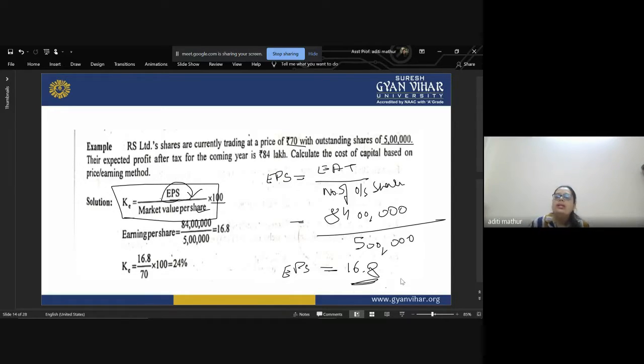Right? So we were not given directly what the earning per share is, but we know the formula to calculate it, that is earning after tax or earning available for equity shareholders divided by number of outstanding equity shares. And through that, we have received the EPS of RS Limited, which is equal to 16.8.